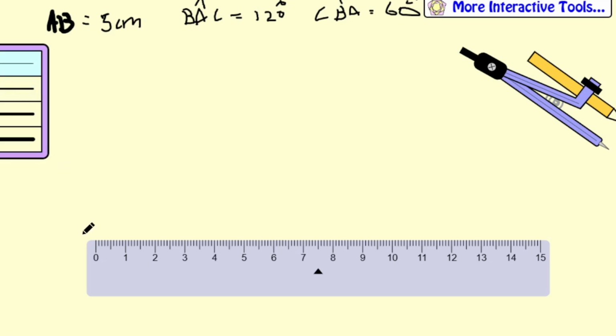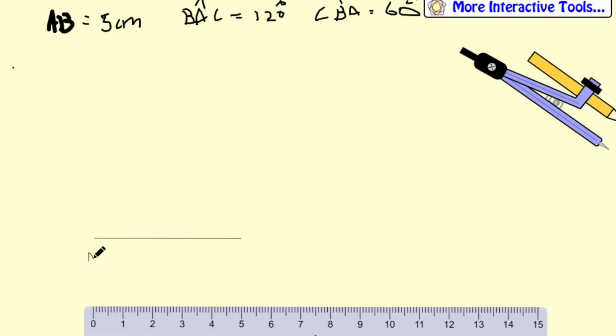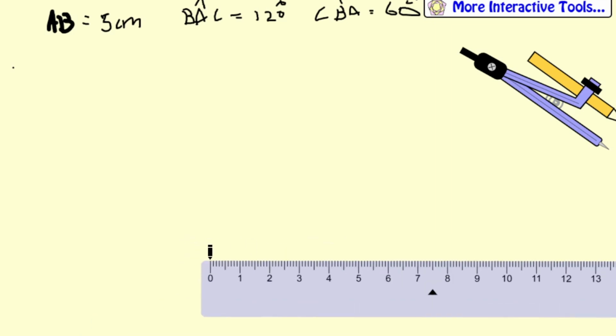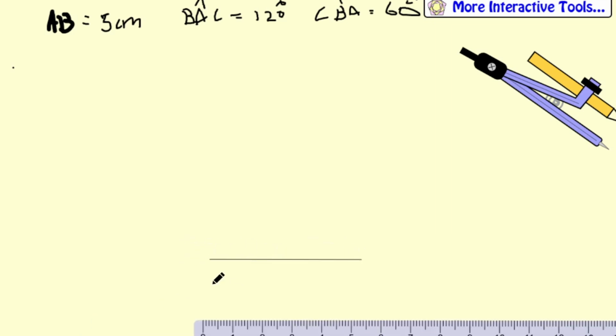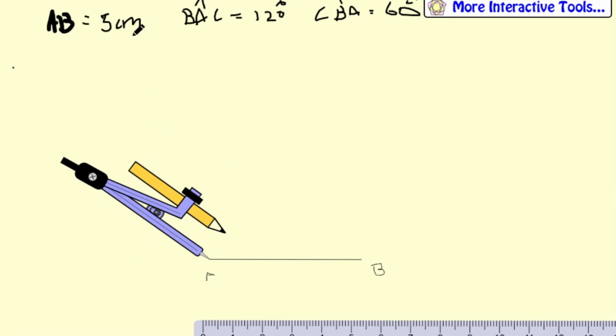Let's use light lines first. 5 centimeters. Label A. Let me put it over a bit. Hold on. All right, so AB 5 centimeters. Label A. Label B. Place your compass point at A to get 120.